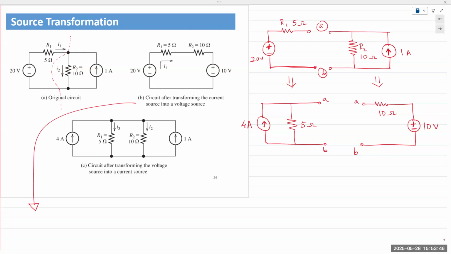We now have two voltage sources, 20 volts on the left, 10 volts on the right. So this is 20 volts and this is 10 volts. What is the voltage applied to those resistors?